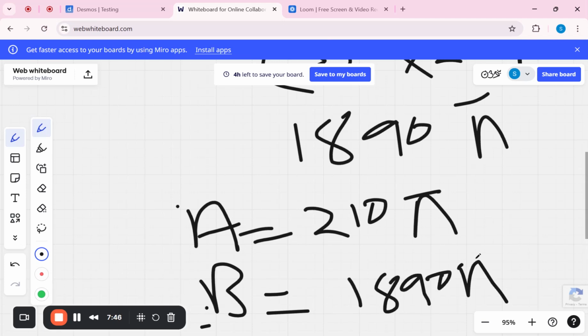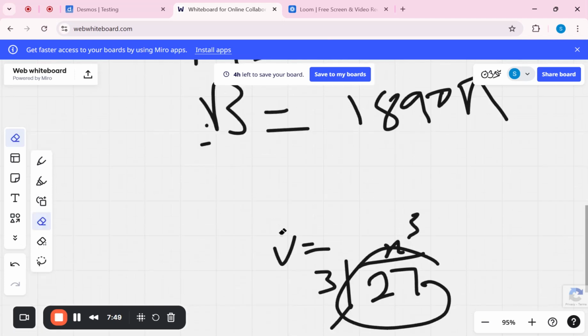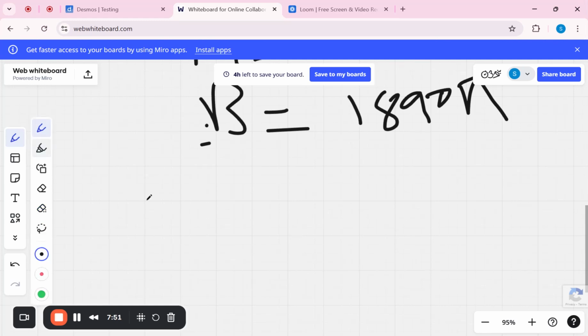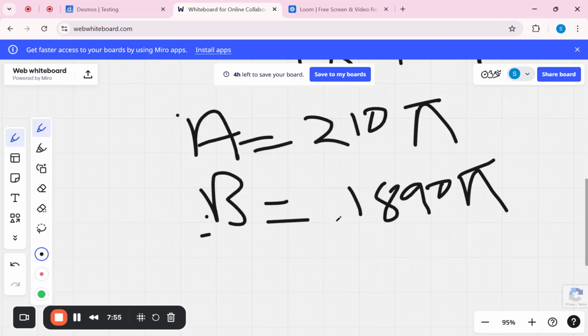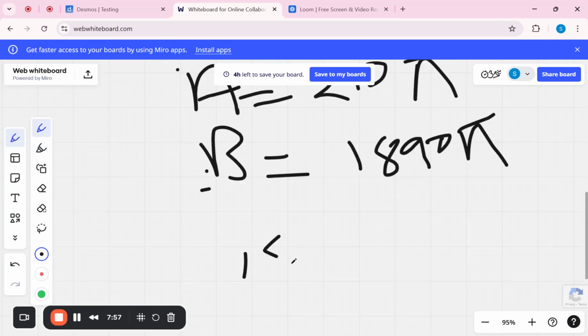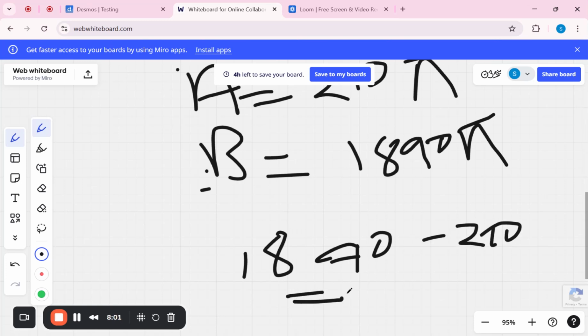1890 pi. The question is still not over, guys. I know it's a bit long question. Then they asked what the difference between those two is. So the difference is 1890 minus 210, which will be 1680.